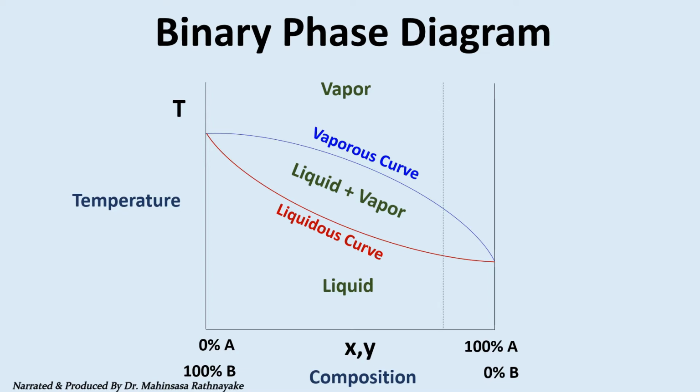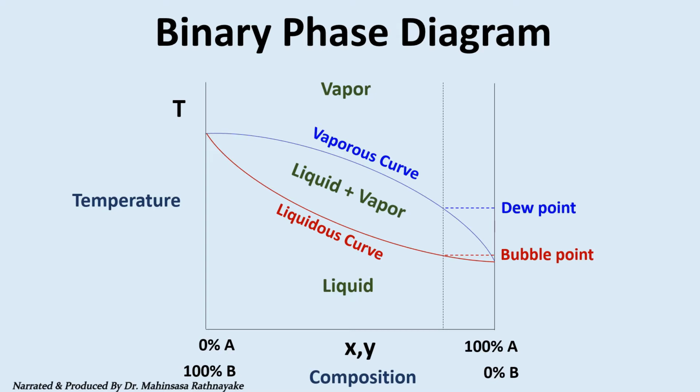If we draw a vertical line at any position on the composition axis, there are two intersection points on the liquidous and vaporous curves. The point that intersects the liquidous curve is called the bubble point, and the point that intersects the vaporous curve is called the dew point at that composition.